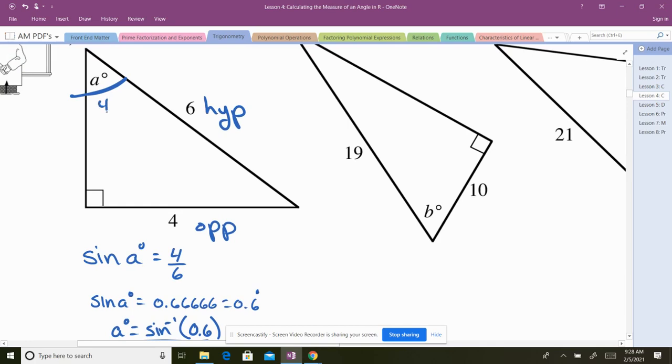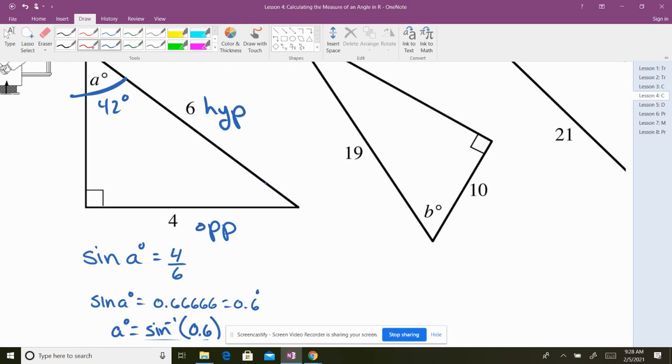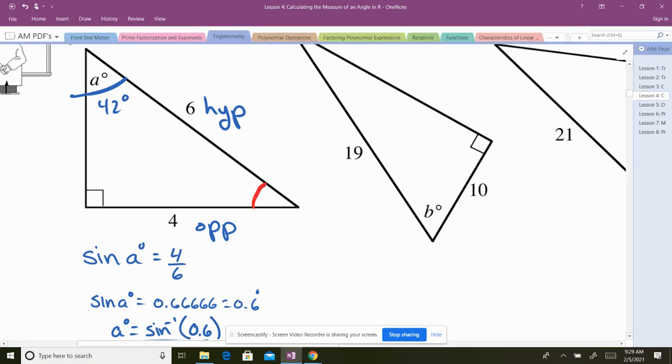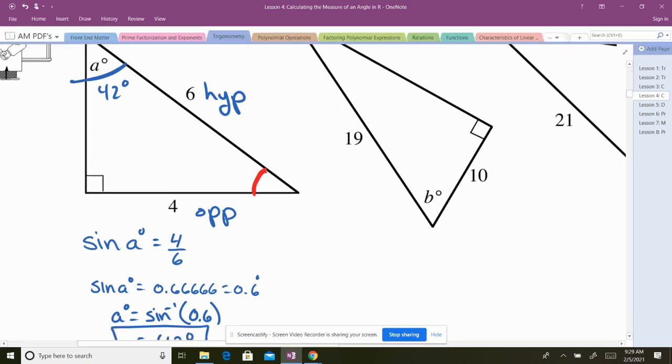Now we know this is 42. This is not part of the question, but we're going to do it anyway. I'll do it in red. Can anybody tell me how to find this angle right there? All angles in a triangle, doesn't matter which triangle, add to 180 degrees.